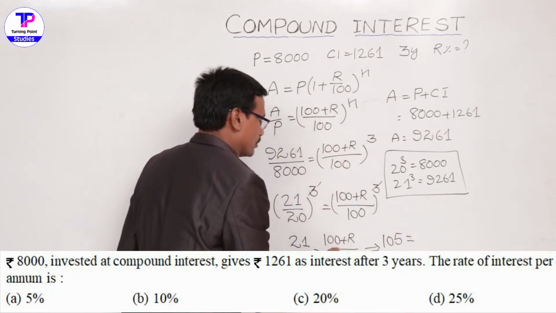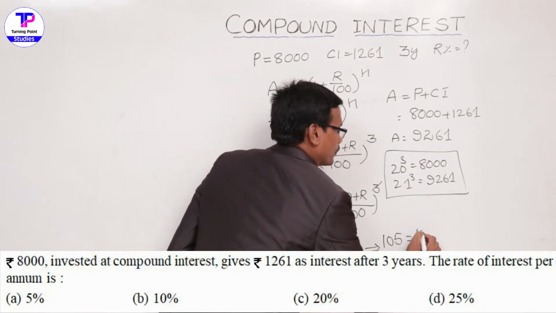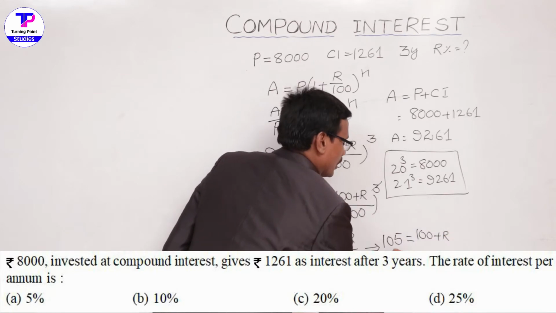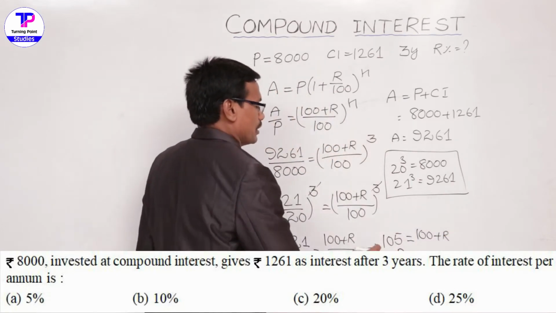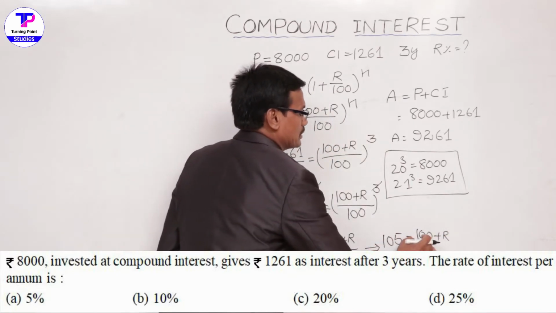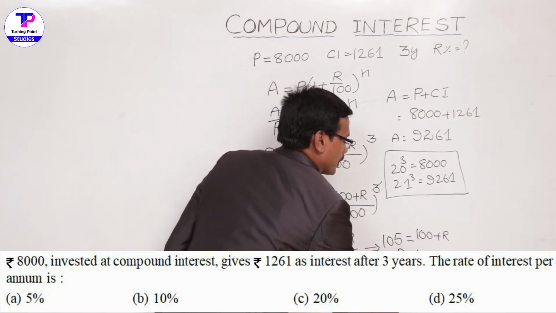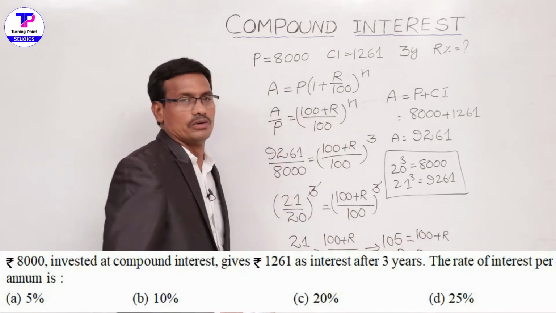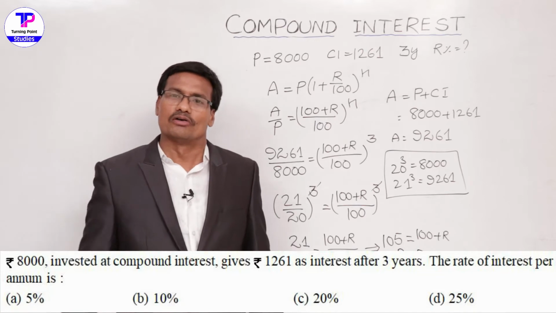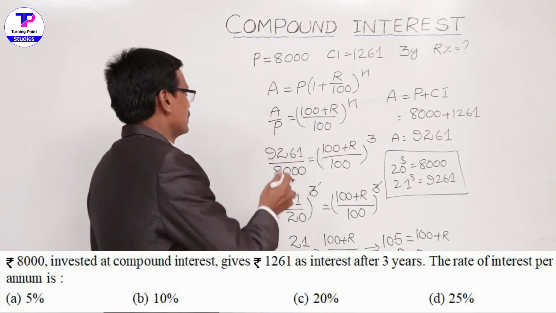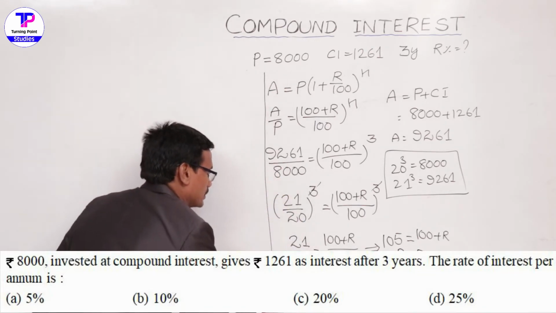So 105 is equal to 100 plus R. Now R is equal to, here 105 is there, here 100 is there. What is the difference of 105 and 100? 5. So R is equal to 5%.